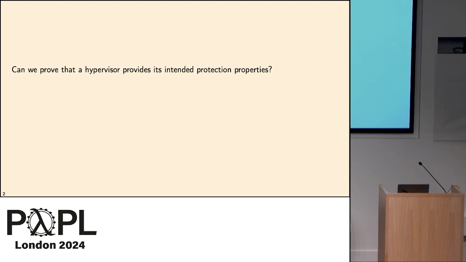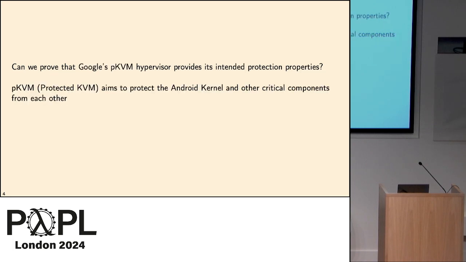No. More specifically, can we prove that a production industry hypervisor provides its intended protection properties? Yeah, this is not getting any easier. Could we prove that a really specific production industry hypervisor provides its intended protection properties?